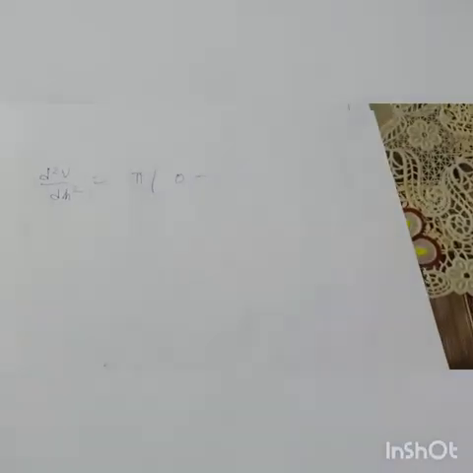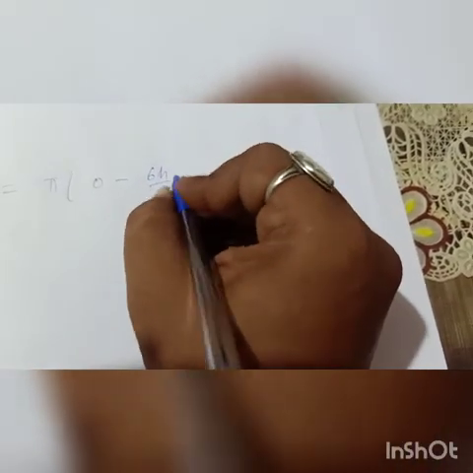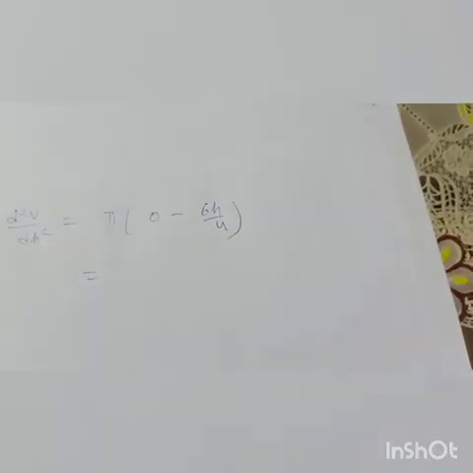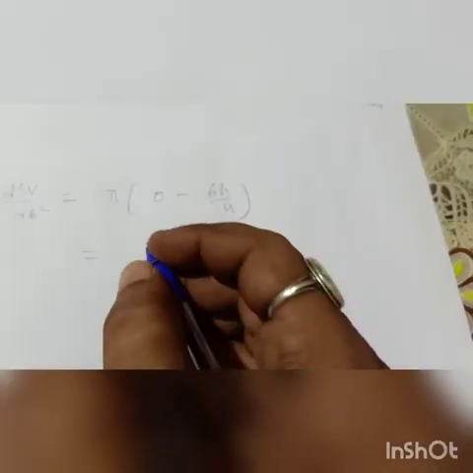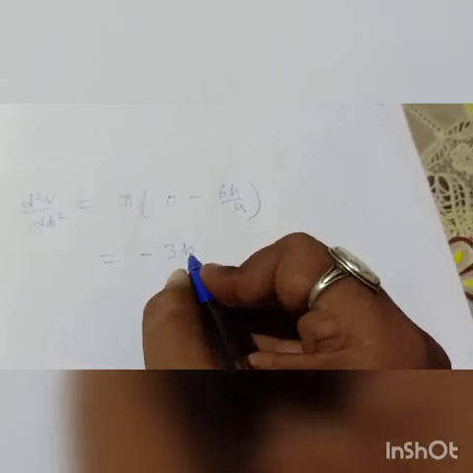So if you write the value of d2v by dh square, you can see that after pi we will get 0, then minus 6h by 4, that is minus 3h by 2.